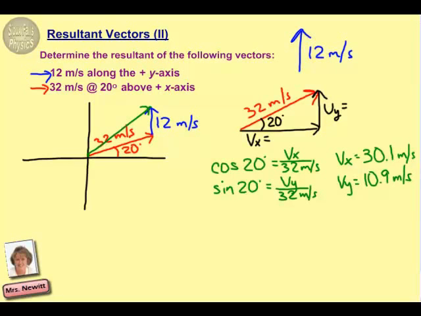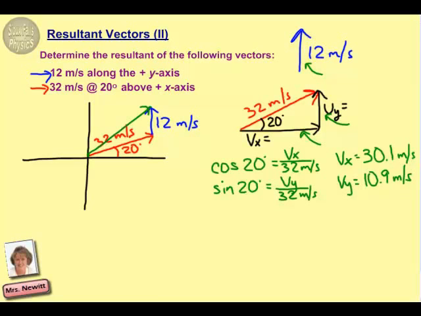Now, basically what we have is three components to deal with. We have one component in the horizontal direction, and then we have two components, the vertical component of our vector at an angle and the vertical component of the vector that is heading straight up.